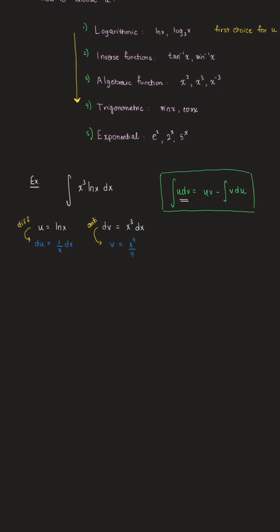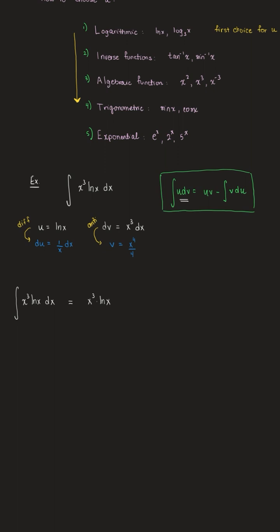So we have on the left our integral of x cubed natural log of x dx. And on the right side, well, let's look. We're going to need the product of u times v. So we're going to set that up. Our product of u times v will be x cubed times the natural log of x. uv or vu, order doesn't matter because multiplication is commutative.